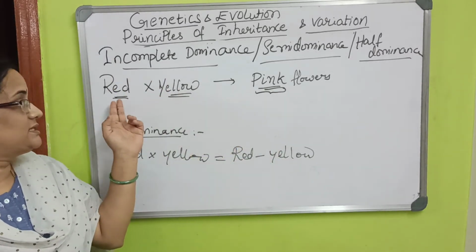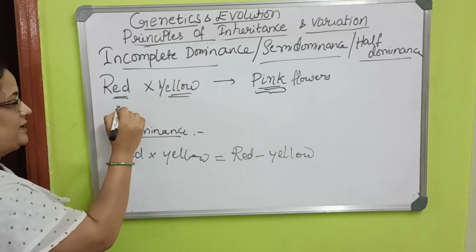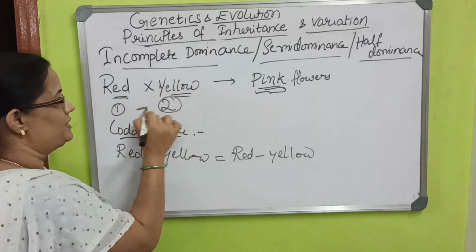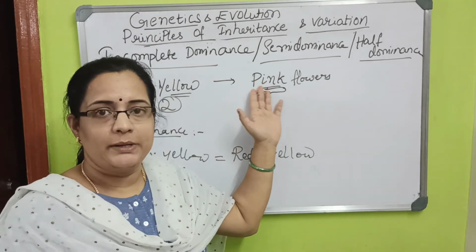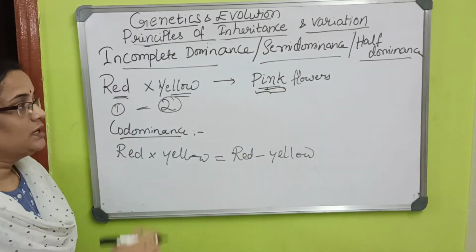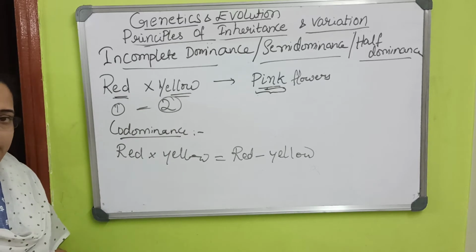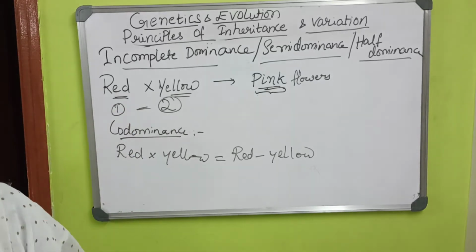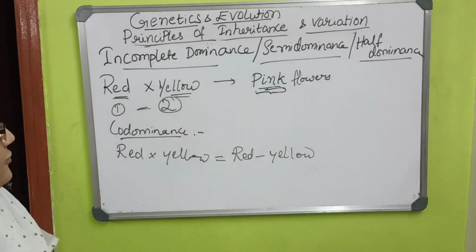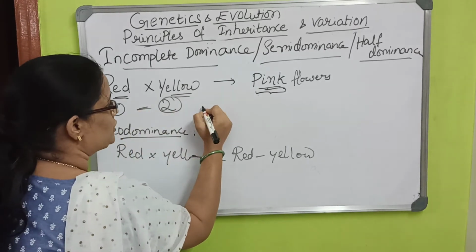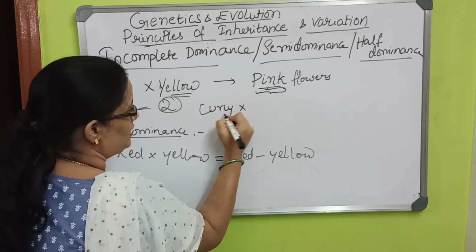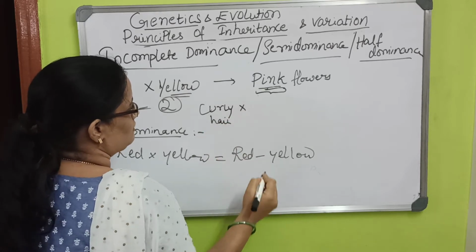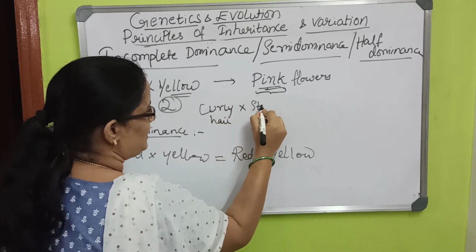This is the one, and this is the color. The intermediate physical character shown, the pink color, comes in heterozygous condition. Even if, suppose, not flowers, you take a curly hair father and straight hair mother.